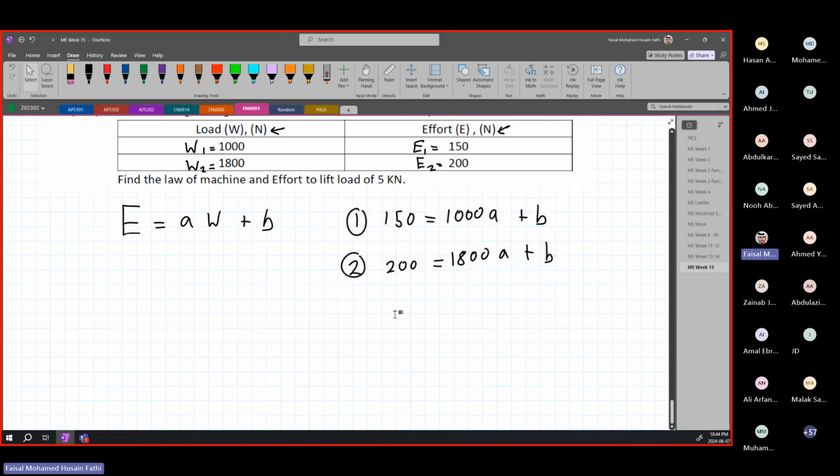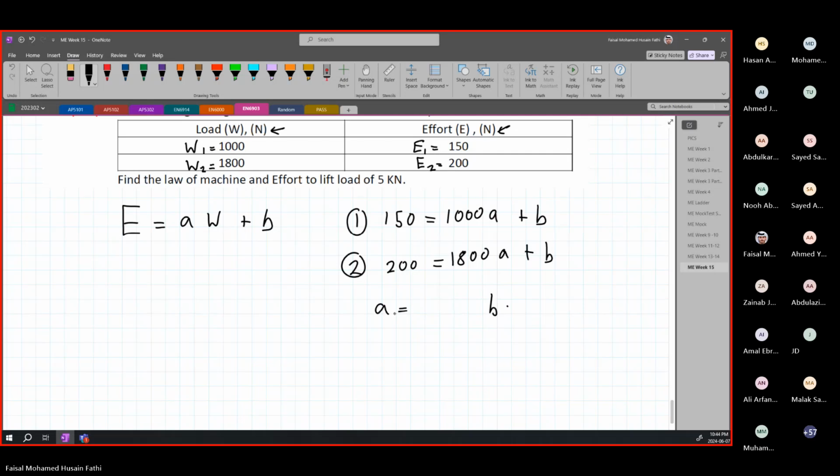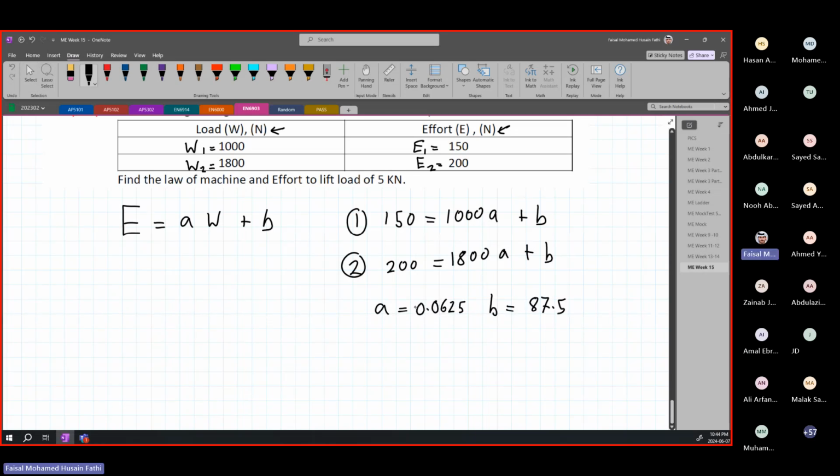Once you find these two equations, very simply, you find your A value and your B value. You're going to find that your A value is equal to 0.0625. And your B value is 87.5. Tamam?